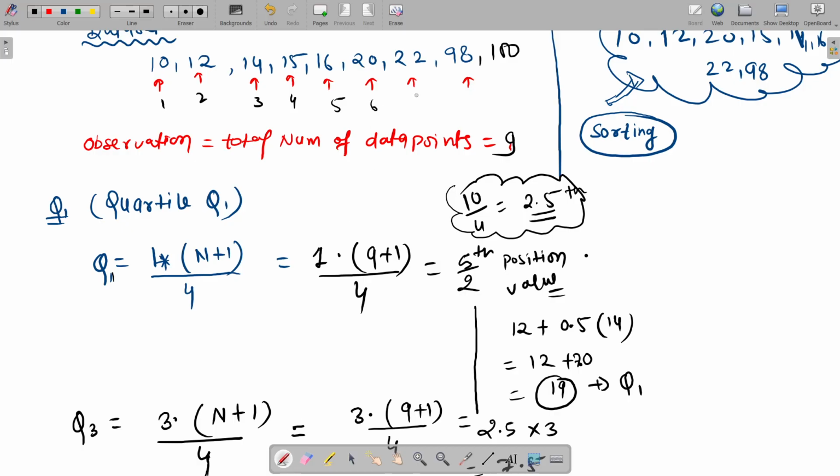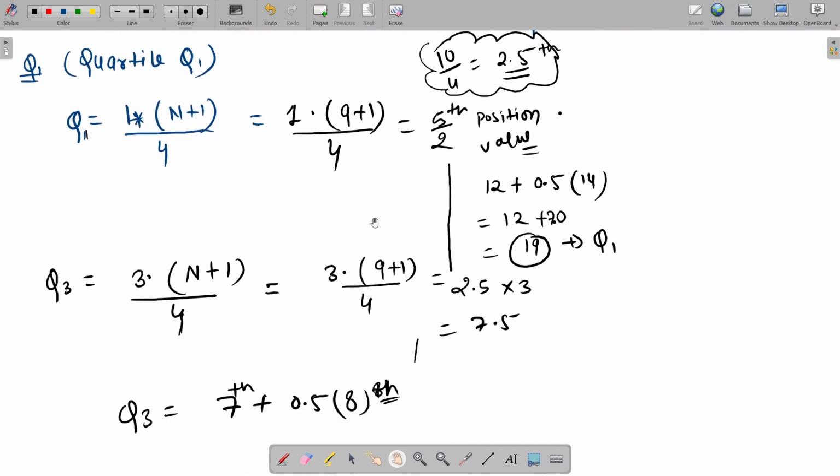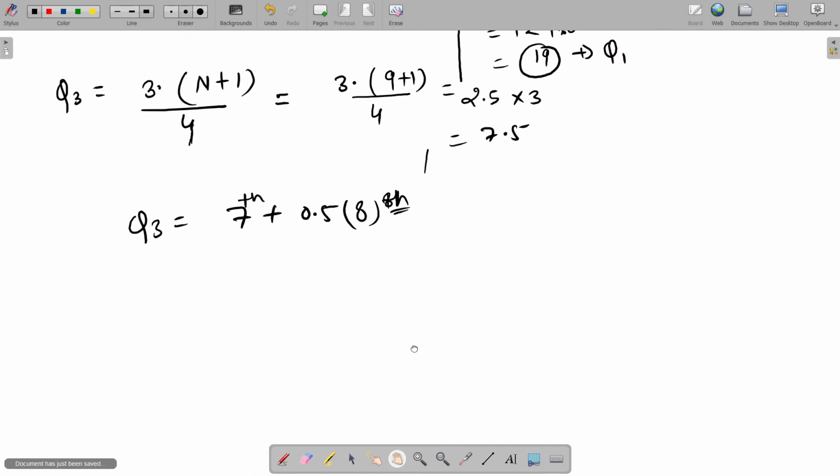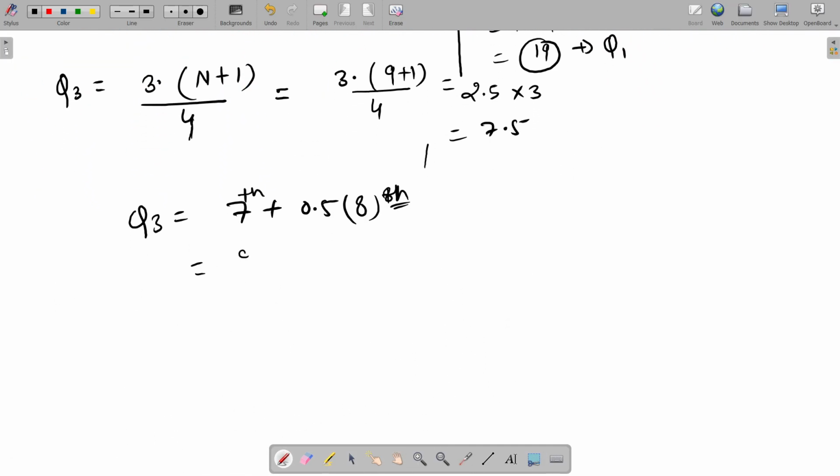At the 6th position we have 20 and at the 7th position we have 22. So we will write 20 plus 0.5 into 22. So 20 plus 11, what will it be? It will be 31.